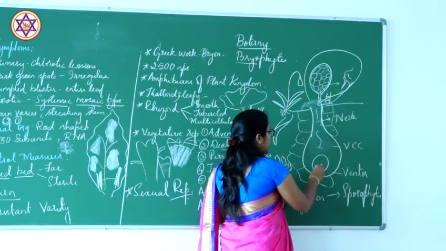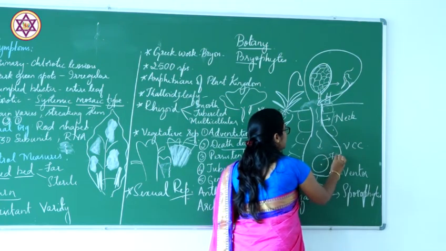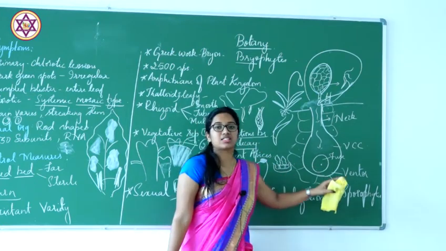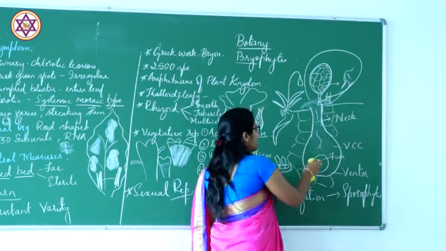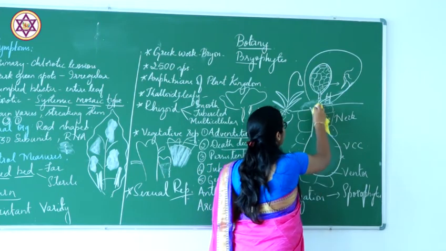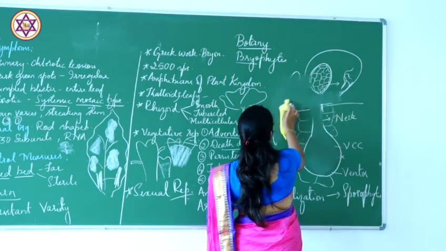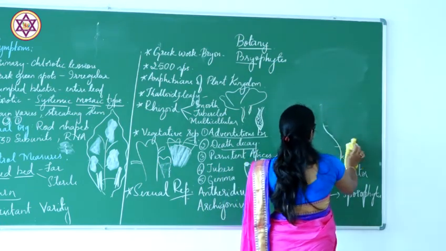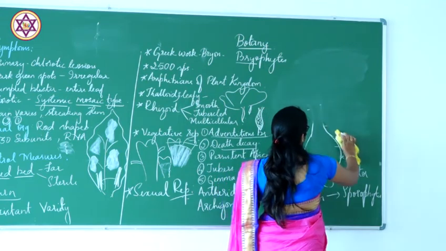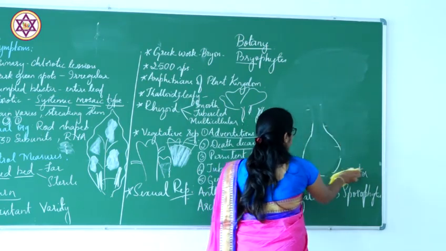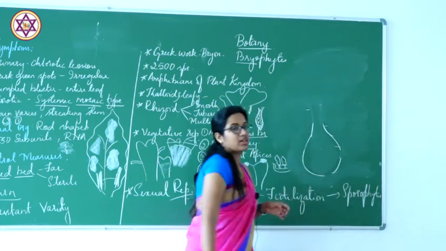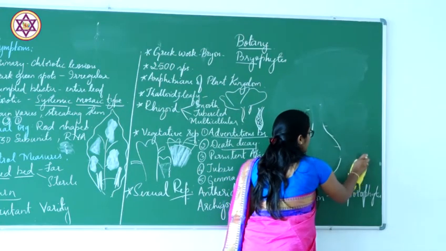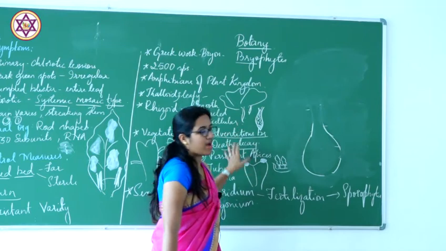Once they reach the egg, they fuse. The antherozoid will fuse with the egg and result in a zygote. This zygote will stay inside the archegonium for quite a lot of time and will develop into the sporophyte, which is diploid.